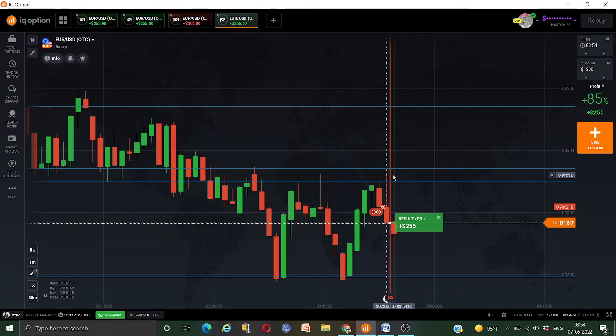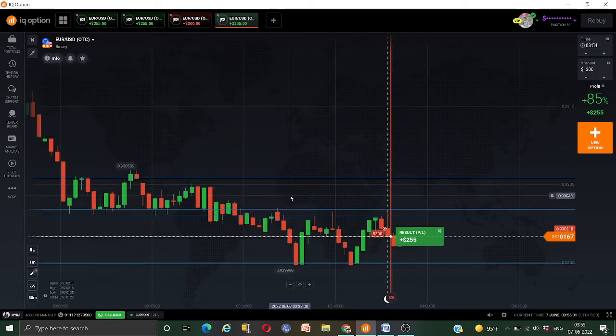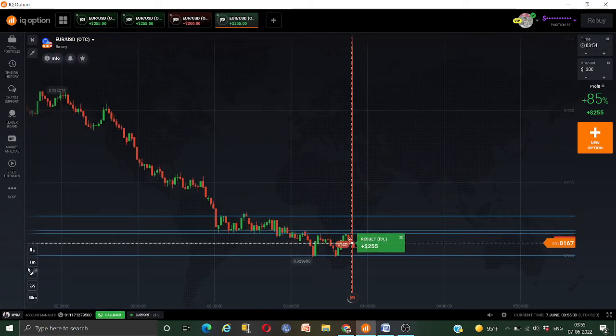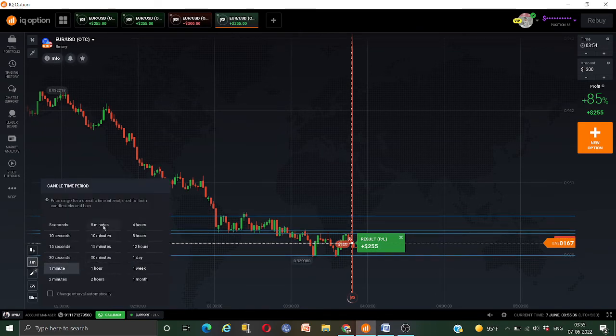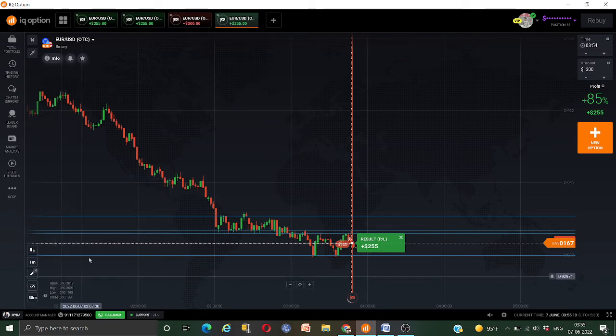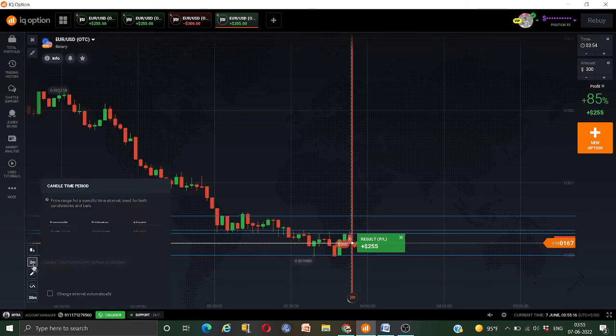The fact is the most profitable time frames are the higher time frames, because 2 minute time frame candles will be more profitable than 1 minute. 5 minute candles will be more profitable than 2 minutes, and the best outcome will be in 10 minutes.